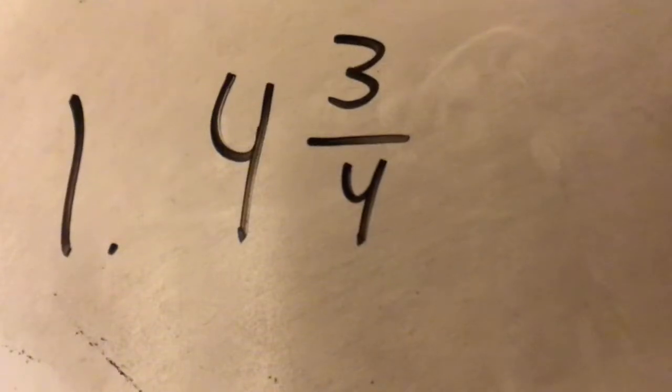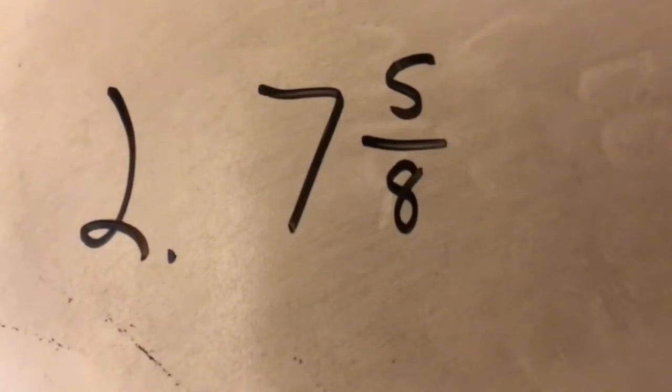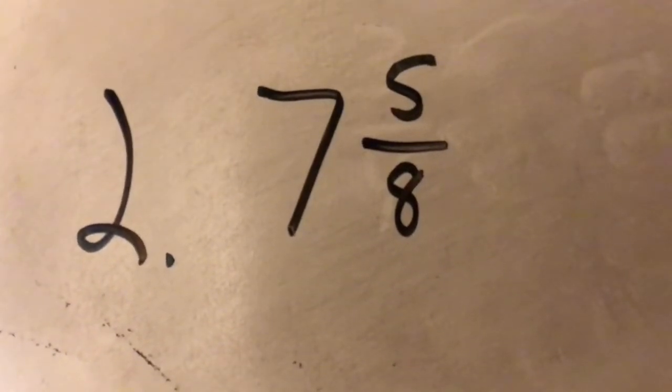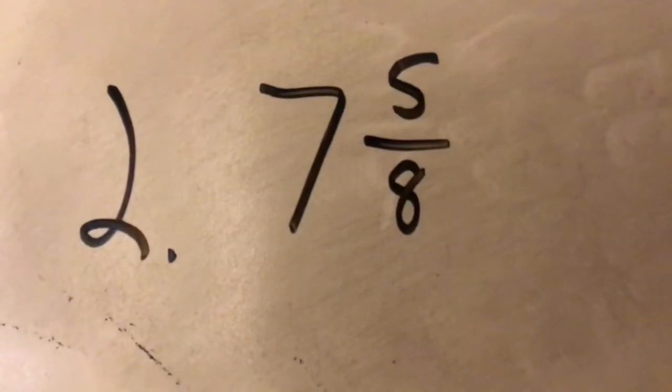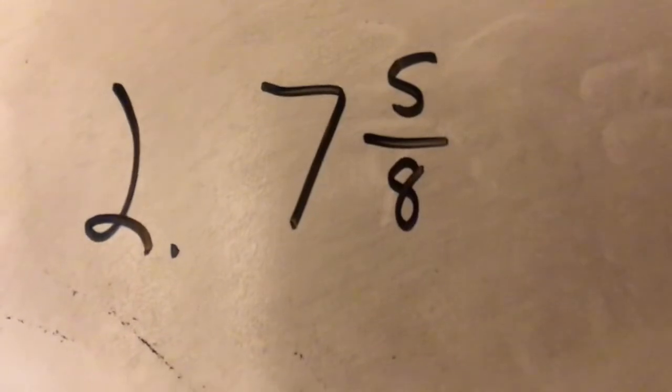All right? That's number 1. Number 2 is 7 and 5/8. Convert that to an improper fraction. You might be doing it in your head right now. If you can, that's great. If you need to work it out, that's fine too, right? Whatever way it takes us to get there.